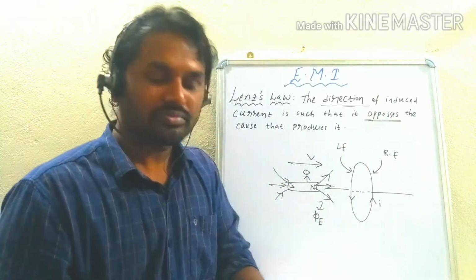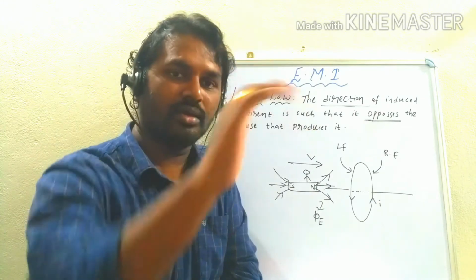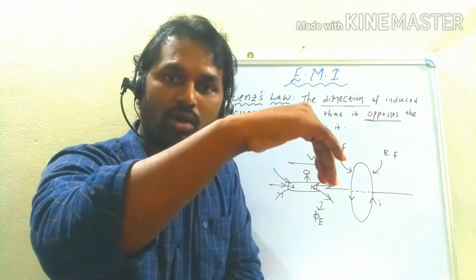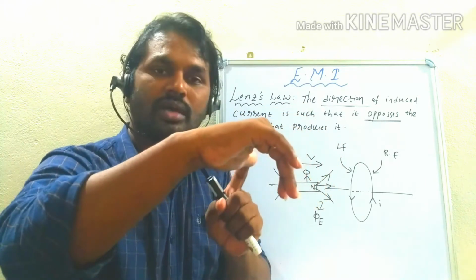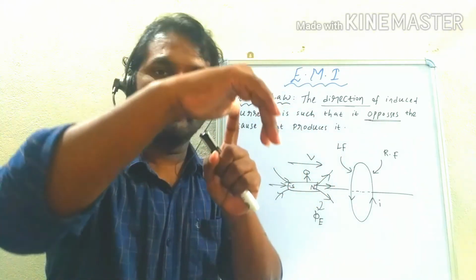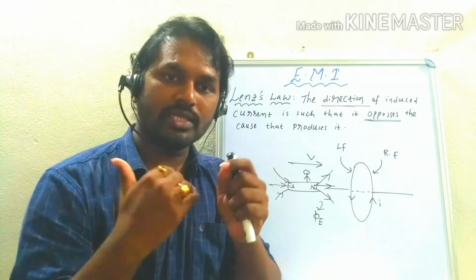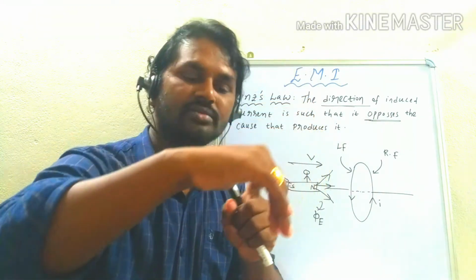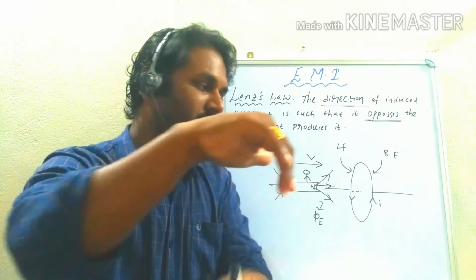Suppose the current is moving in this direction. For me, it is anti-clockwise. For you, it is clockwise. The thumb gives the direction of the magnetic field. If, with respect to me, the current is going anti-clockwise, the magnetic field is towards the pole.